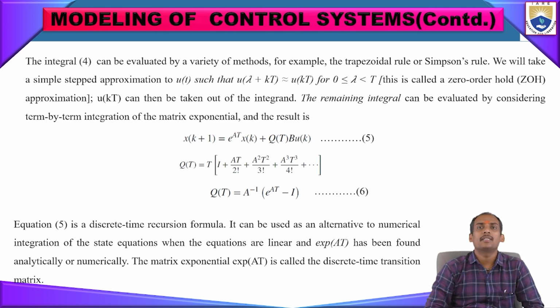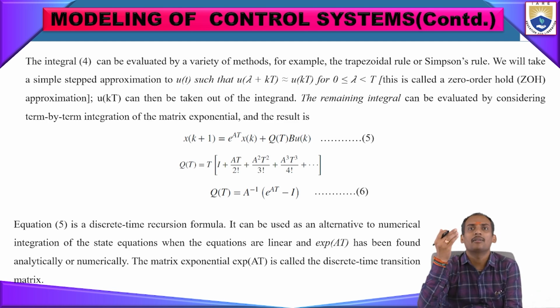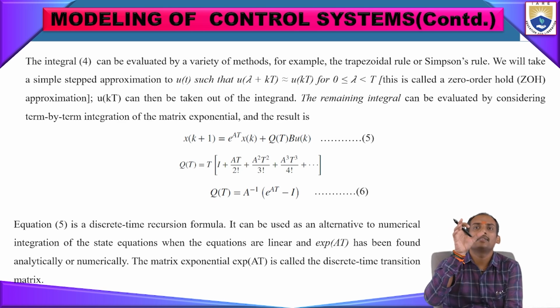Then Q of T is written using the same series expansion in terms of T: I plus AT by 2 factorial plus A squared T squared by 3 factorial, which is the e power AT formula. So Q of T will be equal to A inverse into (e power AT minus I), that is A inverse into e power AT minus 1.